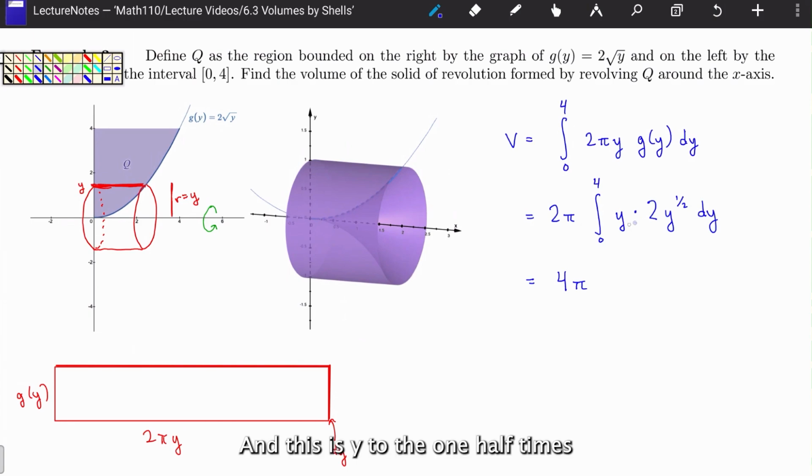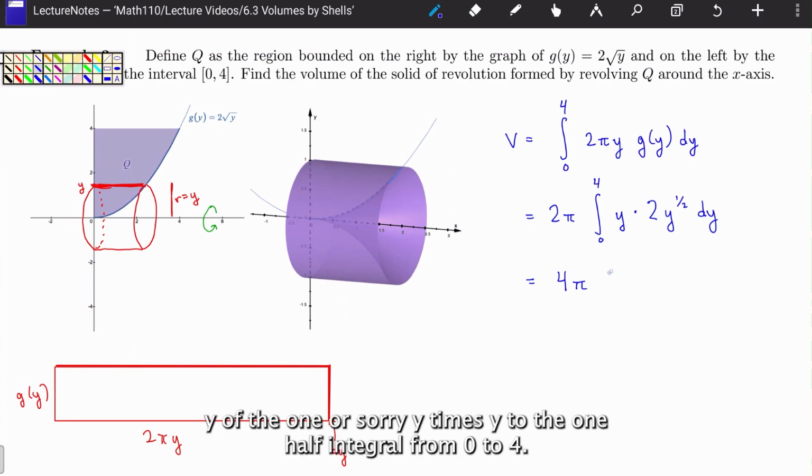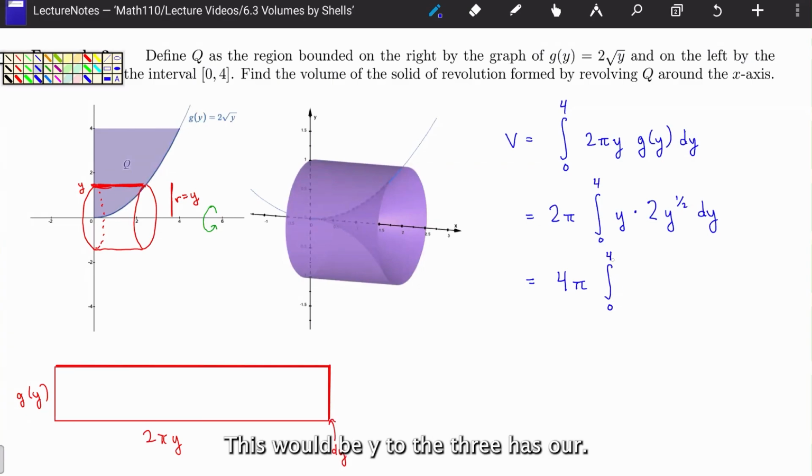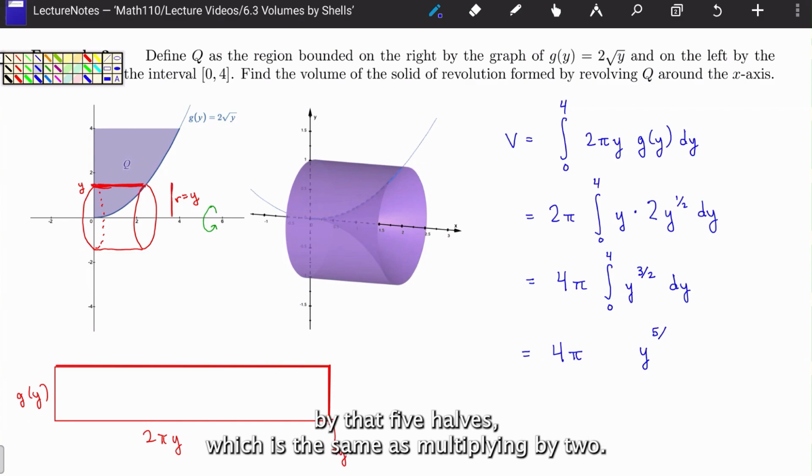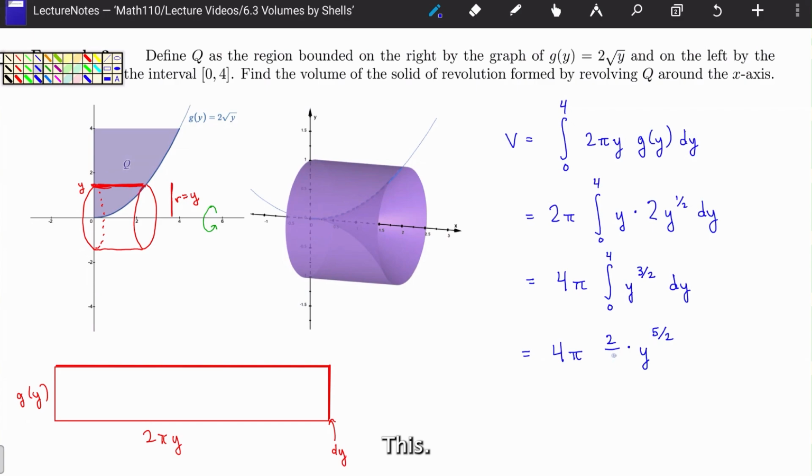And this is y to the 1/2 times y to the 1/2. Integral from 0 to 4, this would be y to the 3/2 power. So 4 pi times, using the power rule, increase that by 1, so y to the 5/2 power, and divide by that 5/2, which is the same as multiplying by 2/5. Evaluated from 0 to 4.